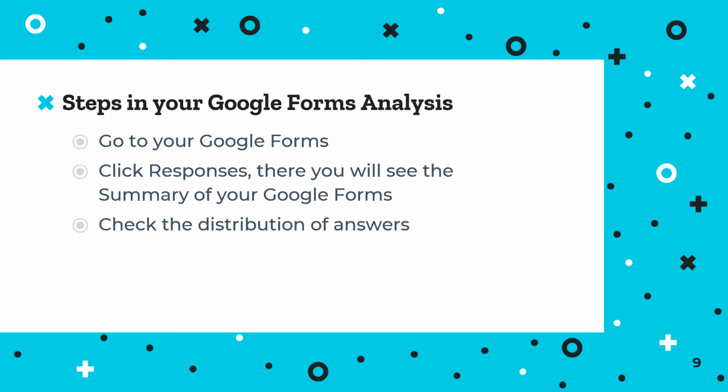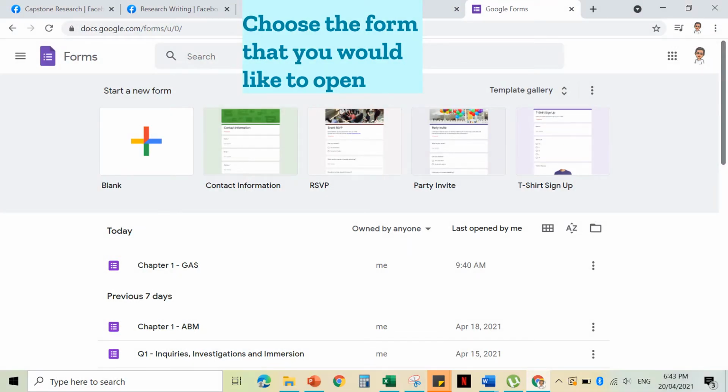Number one, go to your Google Forms where you created the questionnaire or your survey. Two, you have to click the responses to see the summary of your Google Forms, and you can always check the distribution of answers.